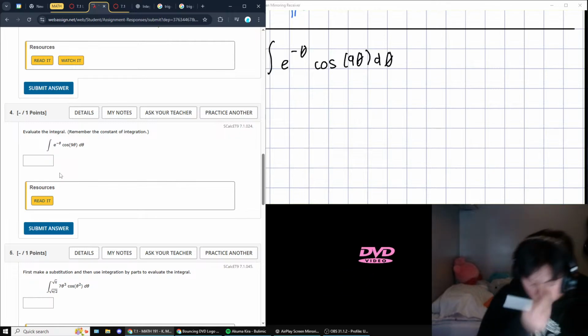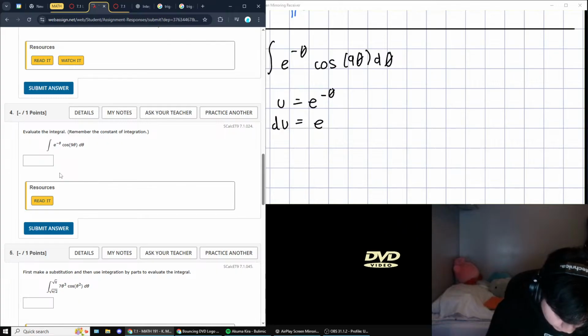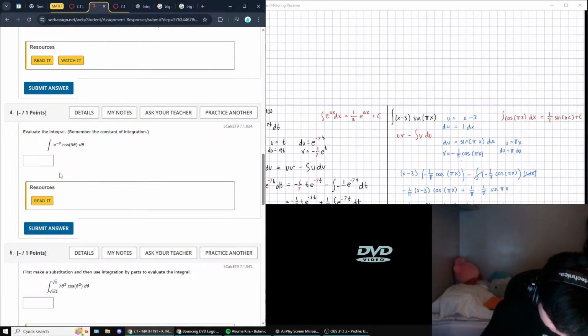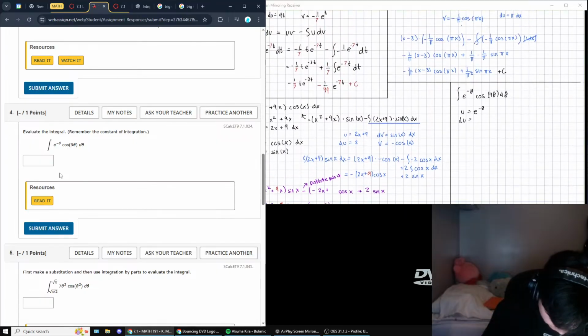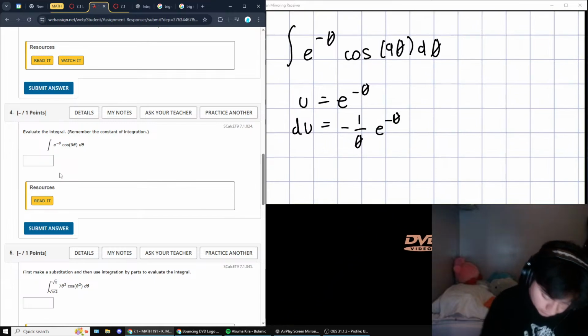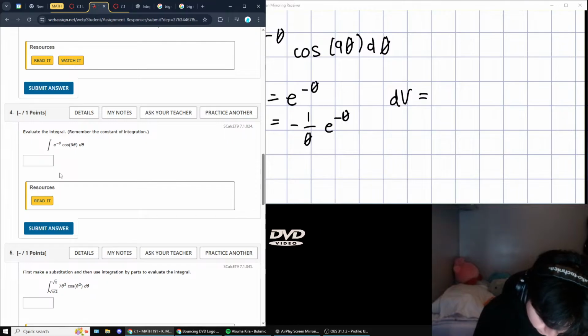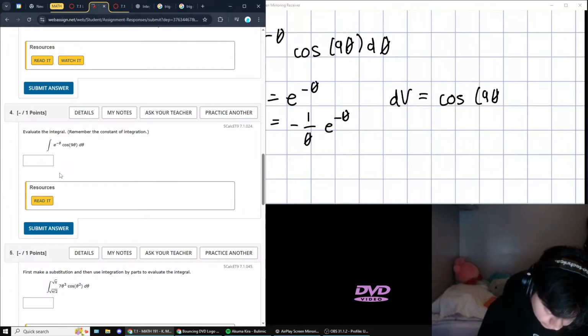Okay. So, I know I'm going to do this by parts. I'm going to have u equal e to negative theta. du is equal to negative 1 over theta e to negative theta. And then we have our dv is equal to cosine 9 theta d theta.